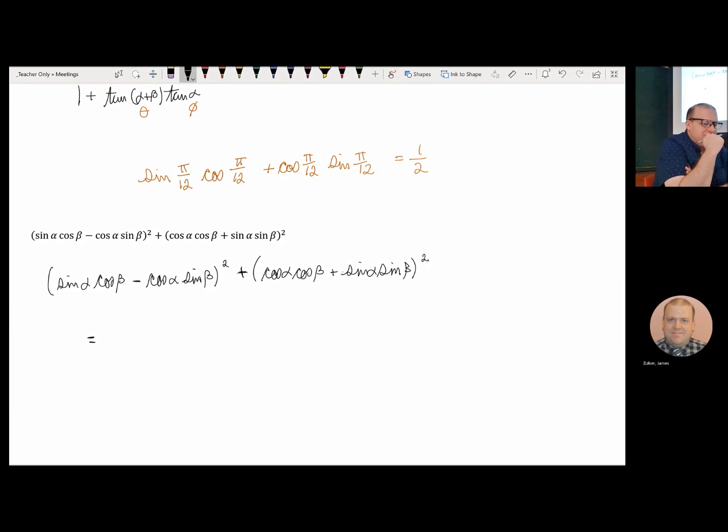Like the first one: sine, cosine, minus cosine, sine. That's the sine difference identity. So that first parenthesis would be sine of alpha minus beta.